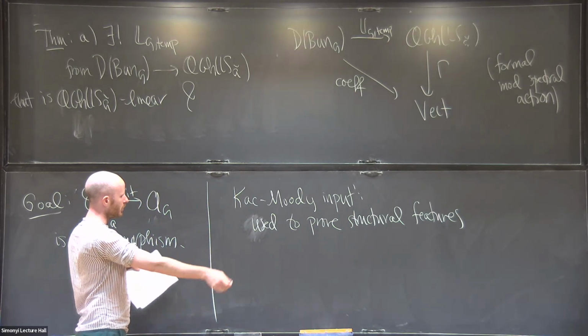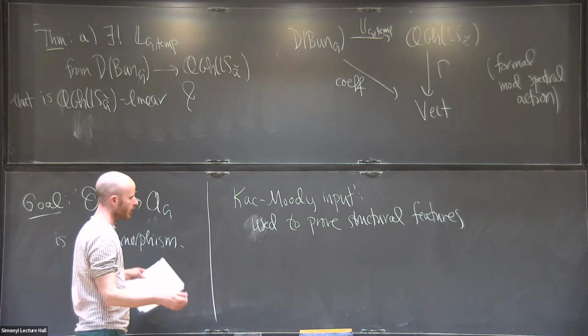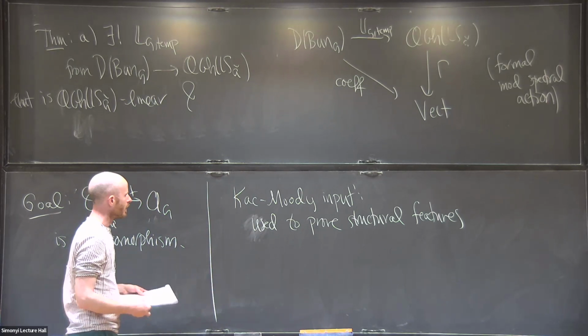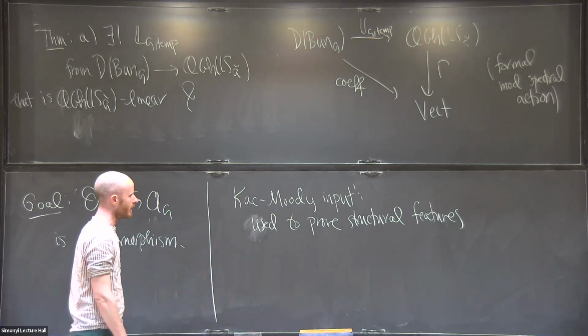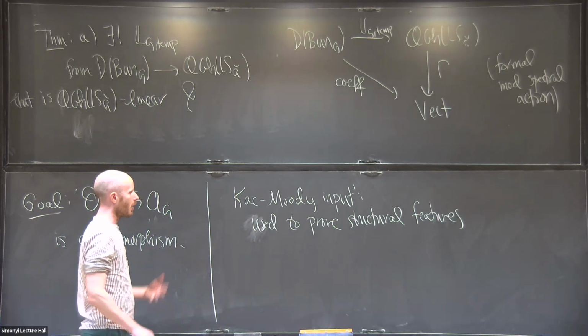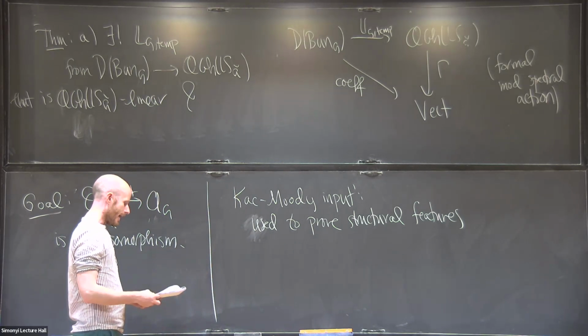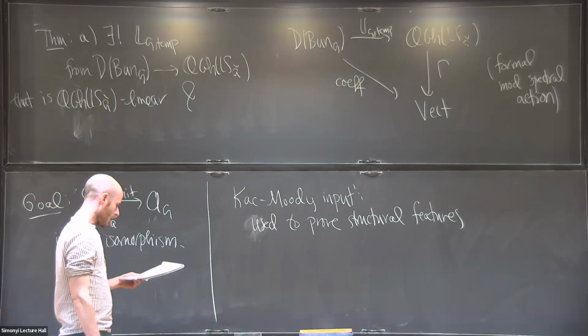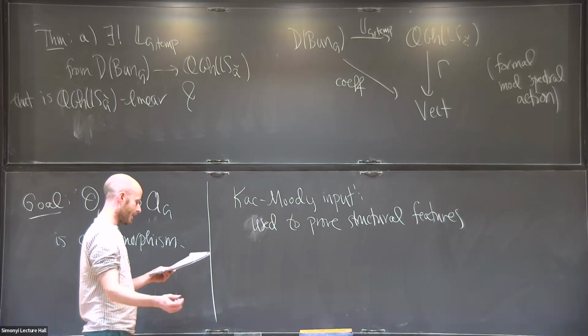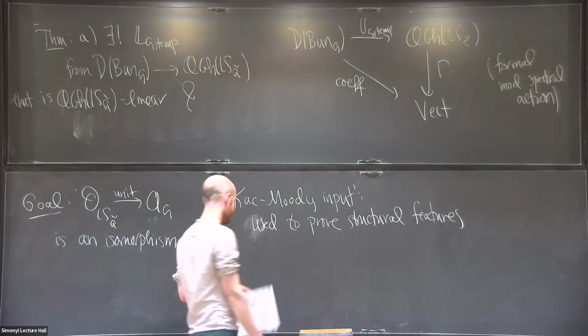We're going to use kind of the same tool in order to study D modules on Bun G. It's a way of producing certain nice D modules by generators and relations that interact very well with all the things we do in geometric Langlands. Almost everything is obtained by Kac-Moody localization. So this is a great tool.